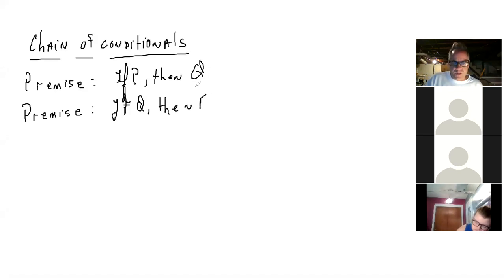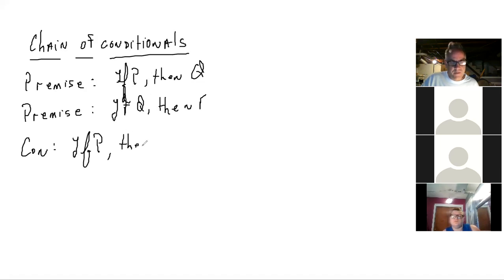So it's chaining simply because the conclusion here is the same as the hypothesis here. And then your conclusion would go from if P, then R. So you could have more conditionals. In this case, we have 3, P, Q, and R.